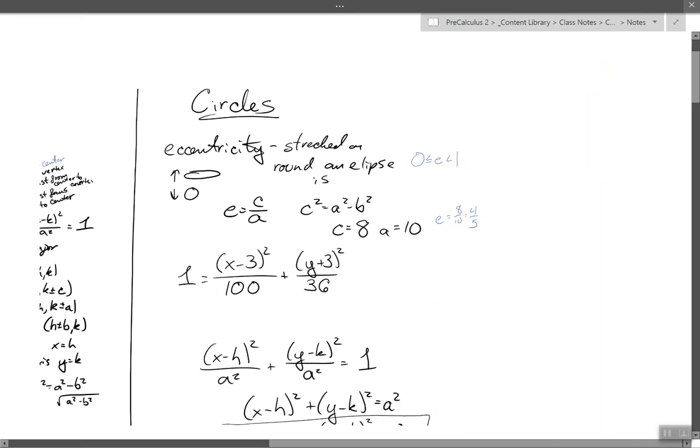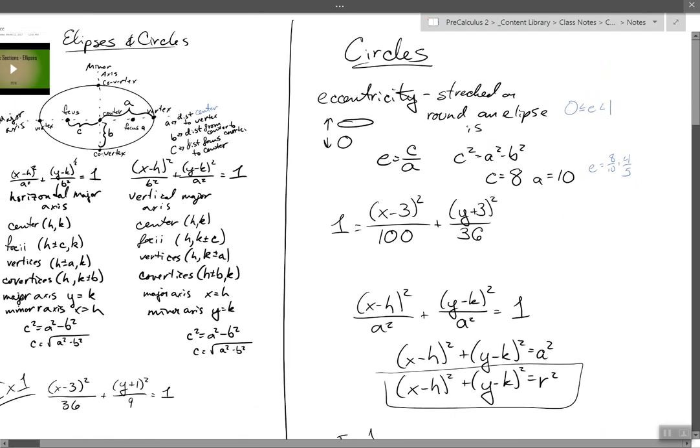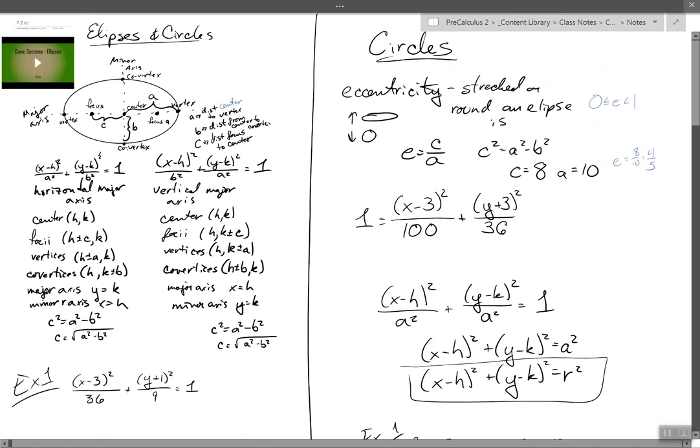Okay, if we look at the notes from the ellipses, A is the number under x or y, whichever one's bigger is A. So 100 is bigger, which means A is the square root of that, so A is 10. B is the other denominator, square rooted, so 36 gives us 6.